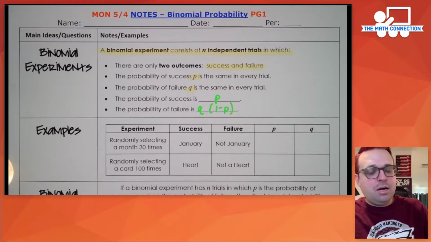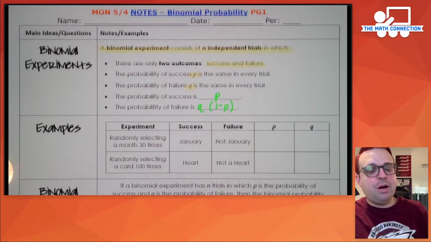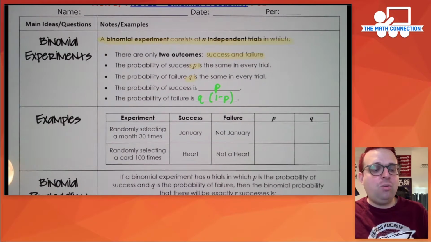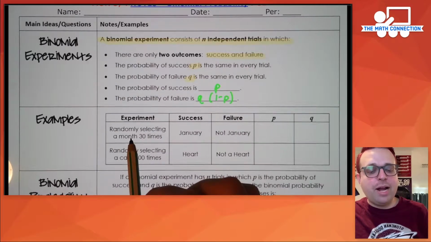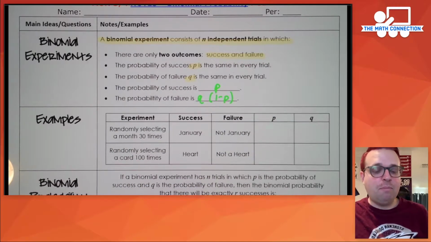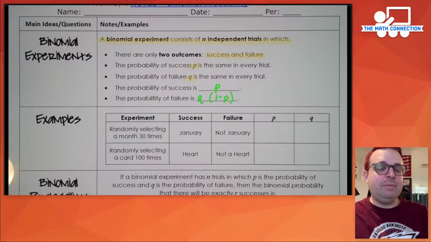Okay, so let's see if we can do some experiments here. This is just finding out what p and q are. The experiment for the first one says randomly selecting a particular month 30 different times. To be considered a successful experiment, we would have had to pick January. And for it to be a failure, we have to pick any other month that's not January.